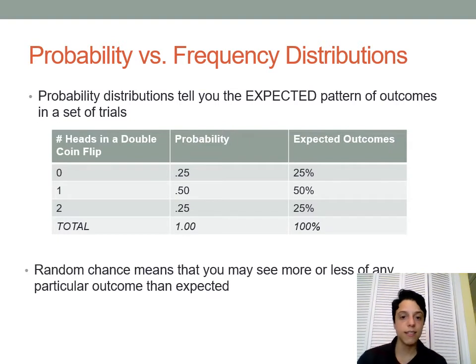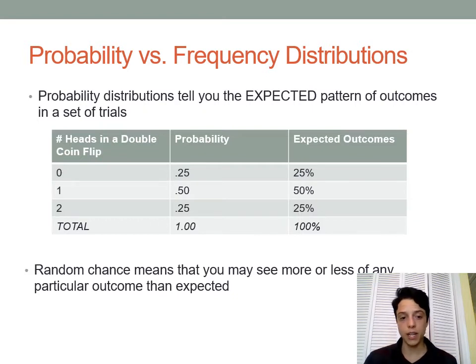The reason for this is that we're dealing with probability, and this means that random chance means that you may not get exactly what you would expect. Although the probability distribution tells you the most likely set of outcomes, it doesn't necessarily mean that you're going to get exactly that set of outcomes each time. Anytime you're doing double flips of coins, you should expect about 25% of those double flips to give you 0 heads.